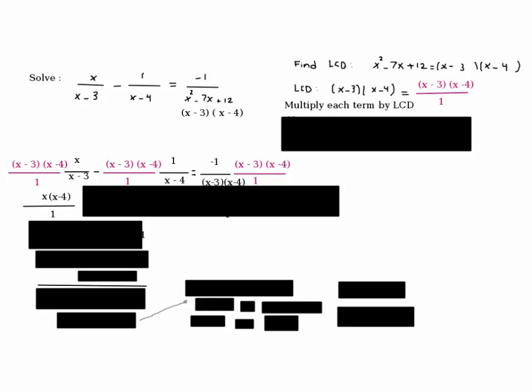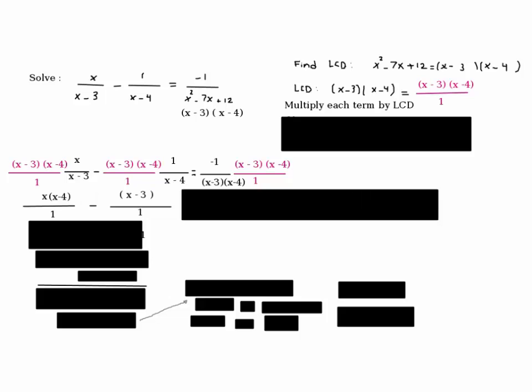How about the second term? What do we get for the second term? x minus 3. Right, don't forget this minus, x minus 3, and the last term would be what? Equal to? No, those cancel, right?